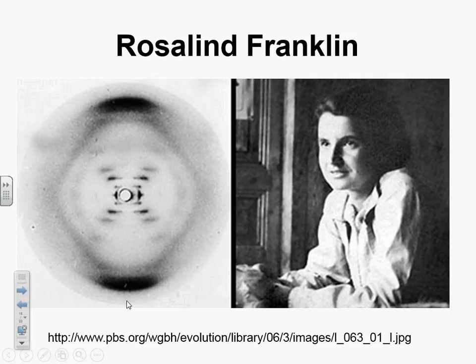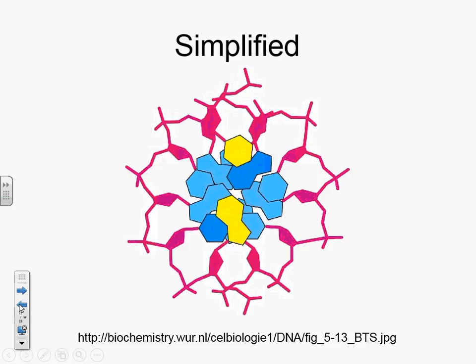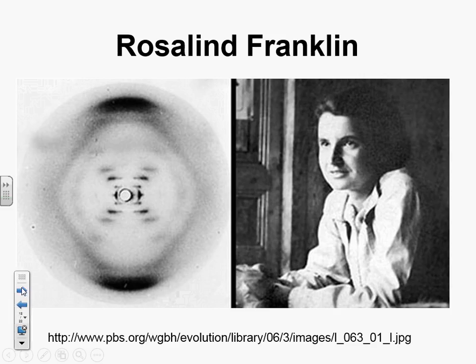Now if we go back to that, you can see what she'd found, but she didn't realise that at the time. This image went to Watson and Crick, and it was from that that they proposed this double helix structure, and she got no credit at all. So she provided the evidence they needed to come up with their theory, but didn't get the credit.